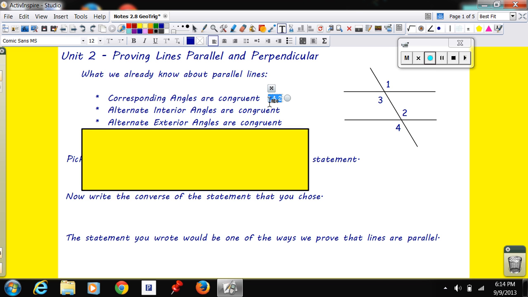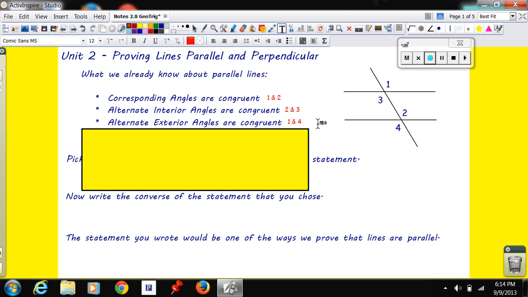Let's put this in red so you can see the difference. Corresponding angles are 1 and 2. Alternate interior angles were 2 and 3. And alternate exterior angles were 1 and 4. And you will notice that all of those angles, all four of them, are obtuse angles.